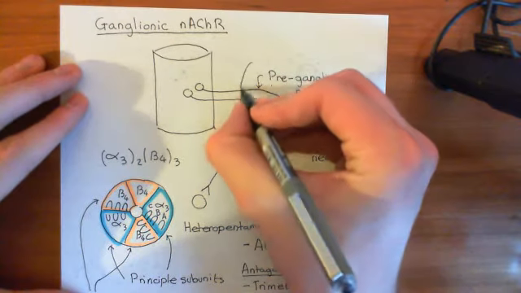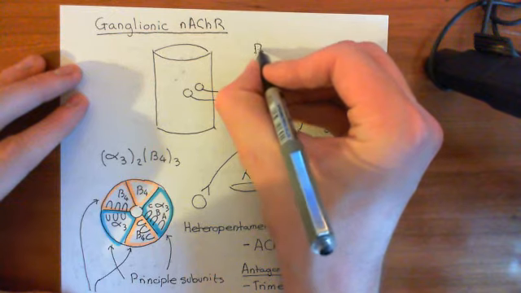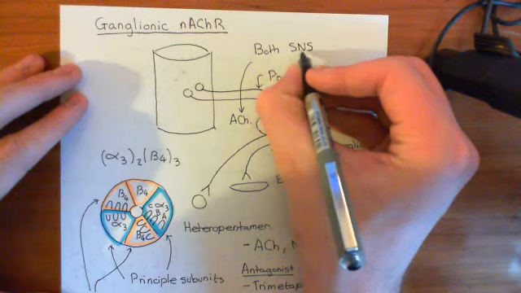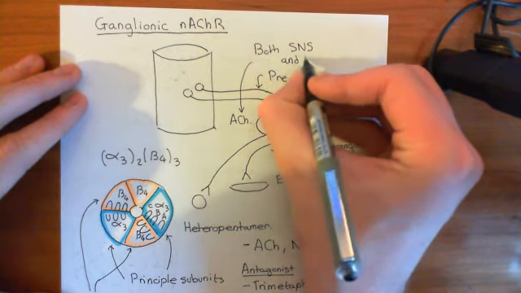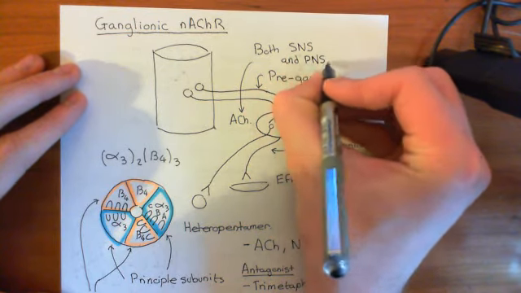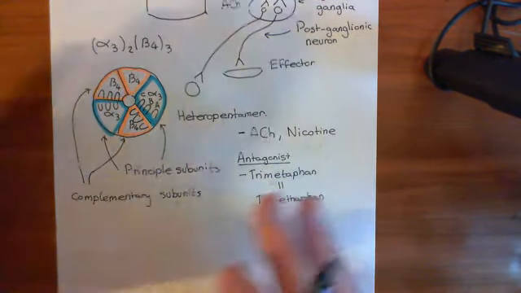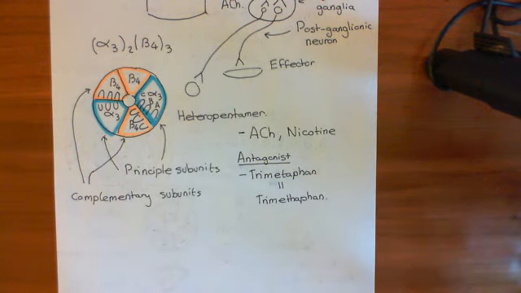It's acetylcholine for both the sympathetic nervous system, which I'll write as SNS, and the parasympathetic nervous system, the PNS. So trimetaphan or trimethaphan will block that ganglionic neurotransmission in both the sympathetic nervous system and the parasympathetic nervous system. So that's the ganglionic nicotinic acetylcholine receptor. In the next video, we'll move on to the brain isoforms, starting with the alpha-7 homopentamer.